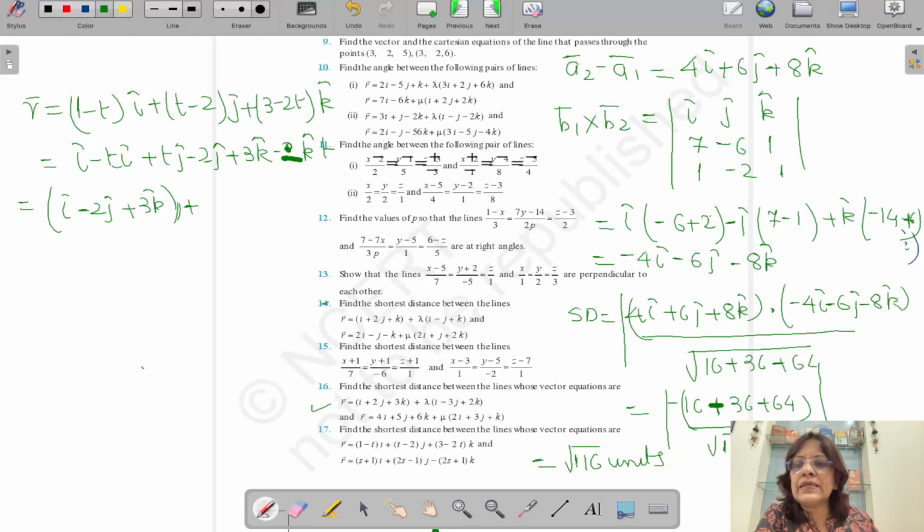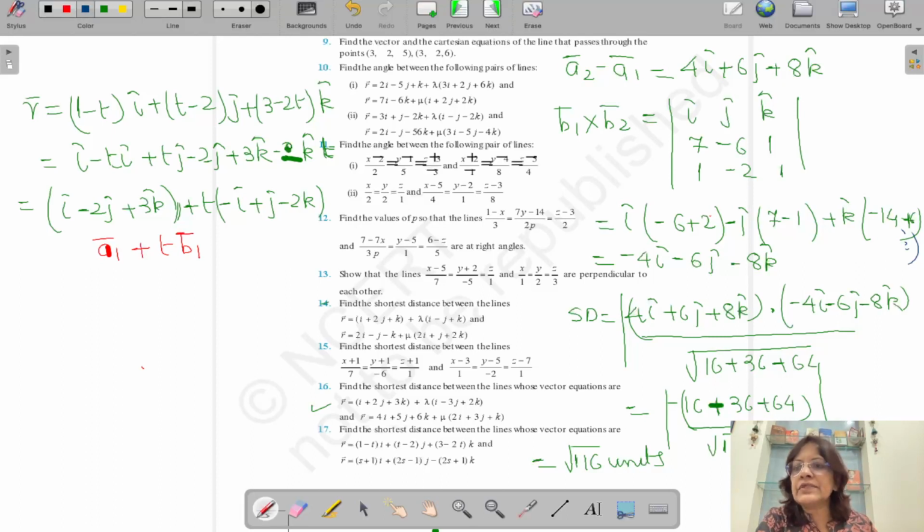So plus t times, that is a1 plus lambda b1. What is left inside for t? Minus i from here, plus j, and the last one, minus 2tk, so it is minus 2k. So this is equal to a1 plus t times b1. This is in the standard form. I hope it is clear, the first equation.